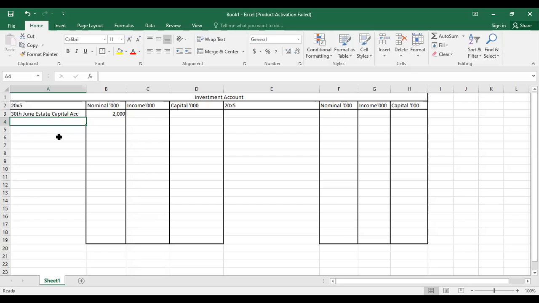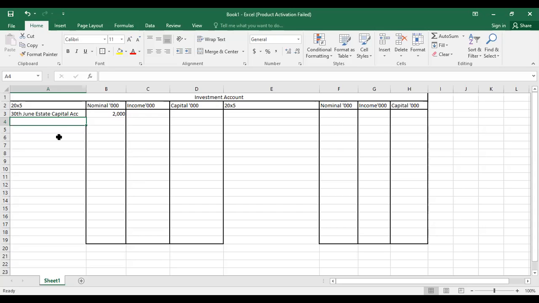So what is 6% of 2 million? 120,000. But this is the interest that is payable per year, isn't it? Yes. So we are going to get the fraction of the year, which is 3/12. What are we going to get? 30,000.